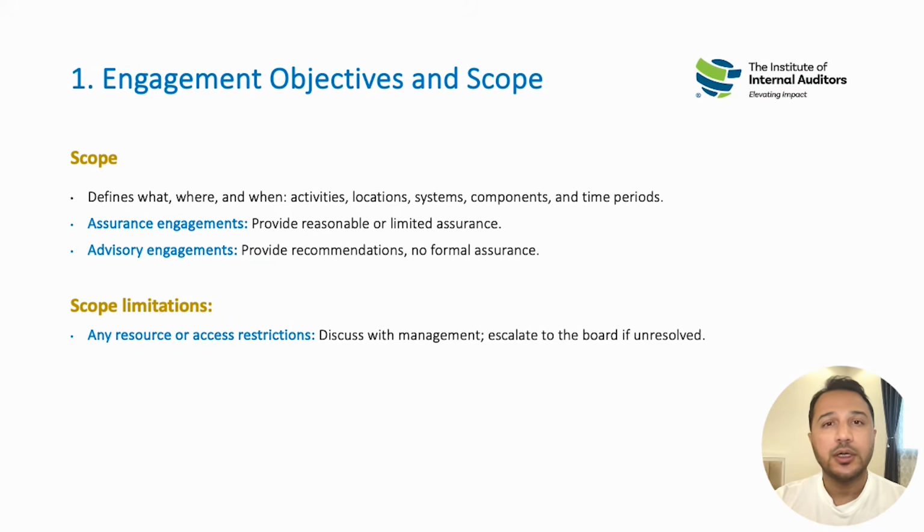Based on the mandate given to us on the advisory assignment, we assess whether the activity is complying with that mandate. For example, it could be a review of a feasibility study, or a review of a process to identify the key control gaps within it, or simply an assurance activity.